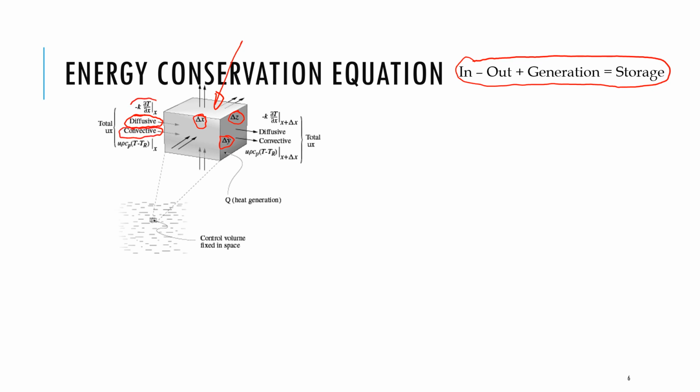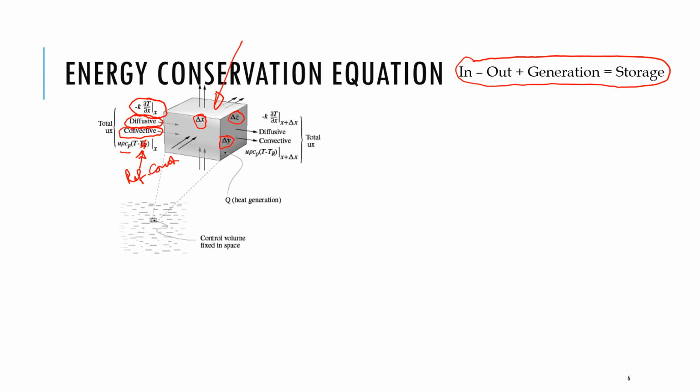Now conductive flux is given by minus k del T del x, and convective flux, or the flux due to flow, is given by U rho Cp, and here it's written in terms of T minus Tr, which is a reference temperature, a constant. Since that will cancel out later anyway, we can drop that one.